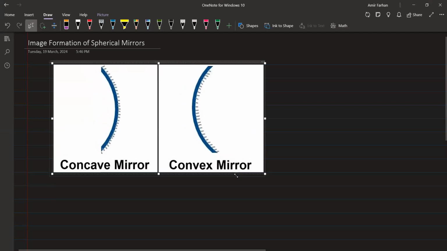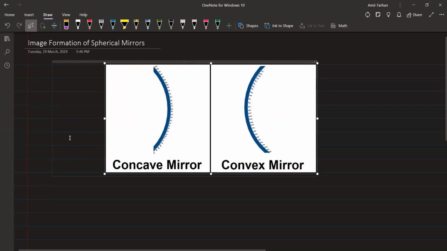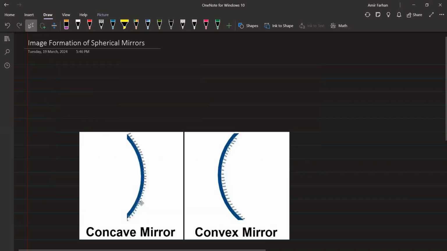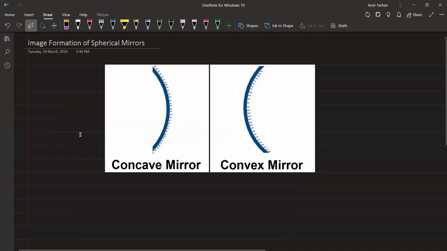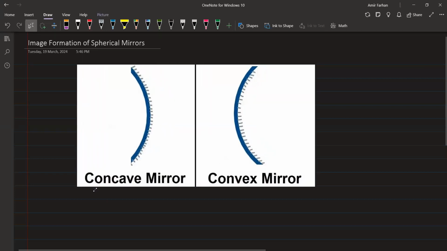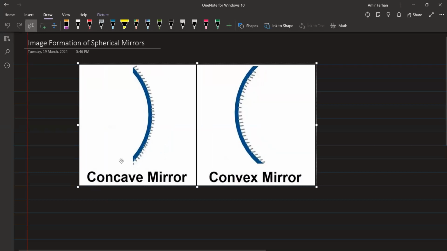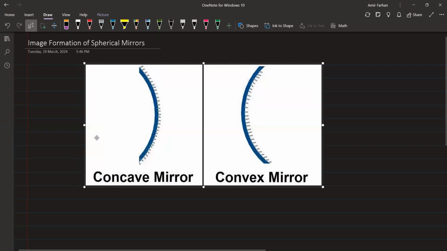So let's come to the category of the mirrors. Spherical mirrors are nothing but a kind of curved mirror. The first mirror that we have done is the plane mirror. Yes or no? What is the first mirror that we have done in the class itself?